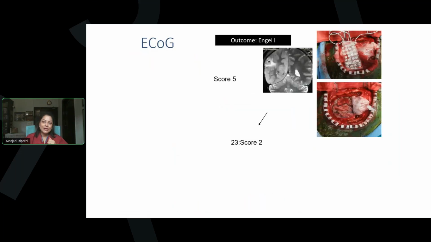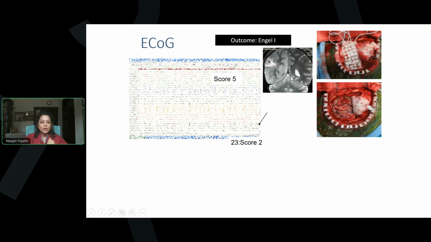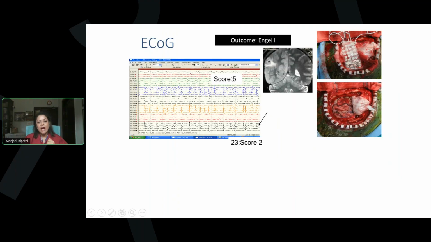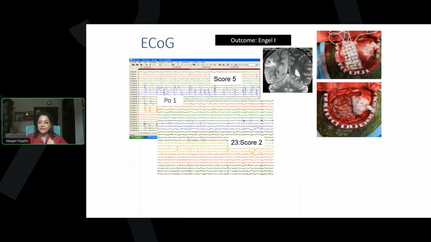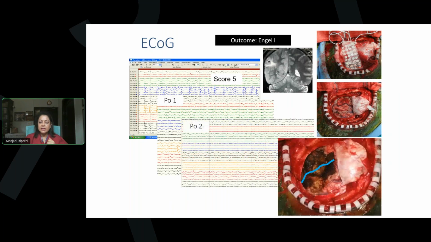Again, pertaining to the Indian scenario, this is a calcified neurocysticercosis with gliosis around it. We've mapped it electrocorticographically. You can see the high spiking of the area where electrocorticographic resection was done till the score reached almost grade 0.